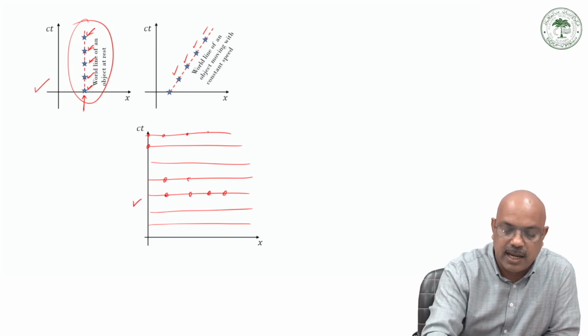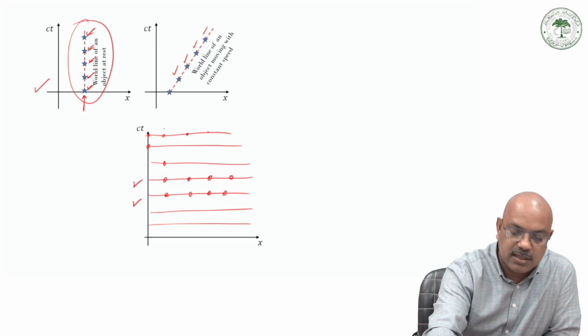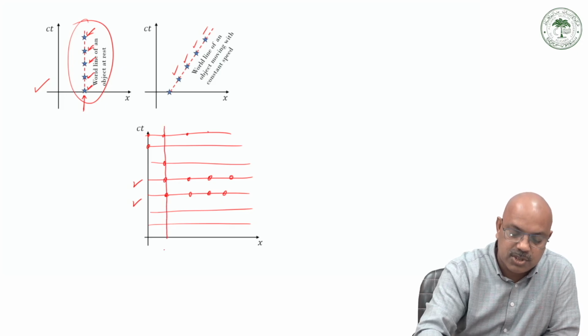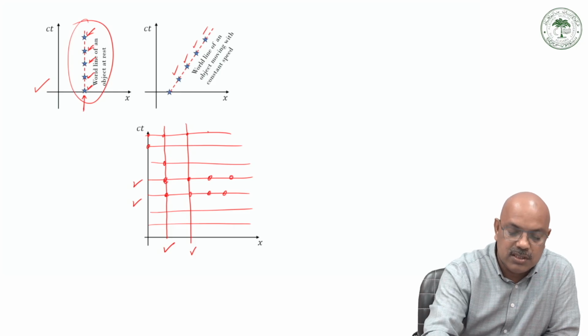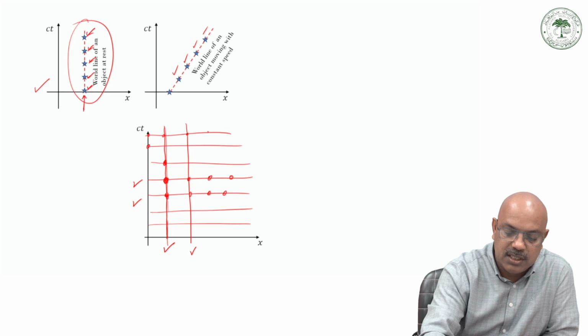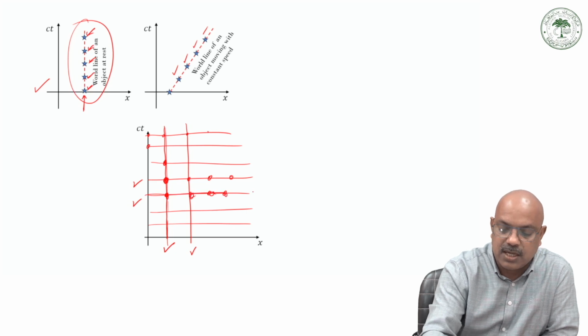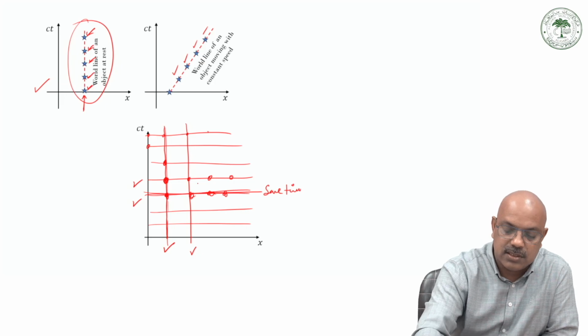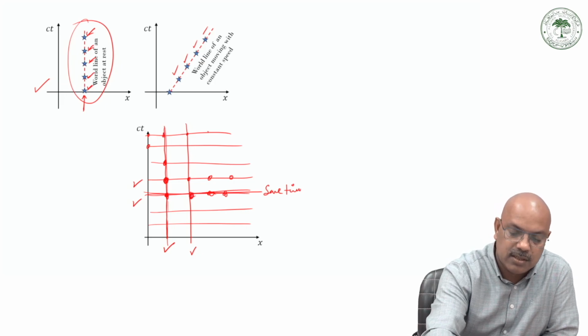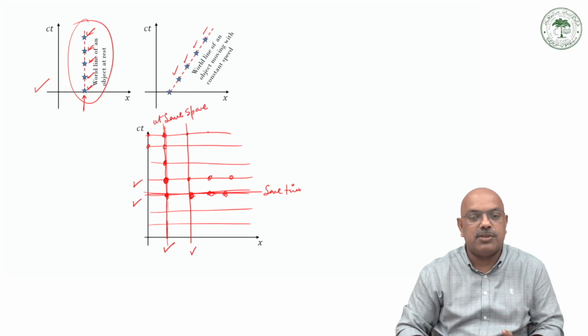Okay, and all these are happening at the same space. So these are all happening at the same time, and these are all happening at the same space. So you see how to see it in xy.